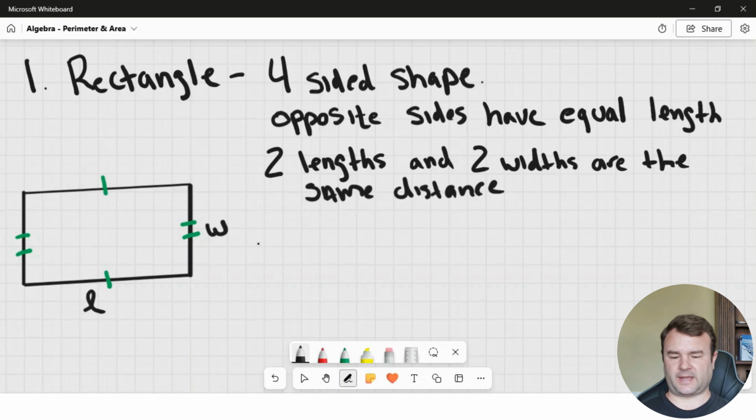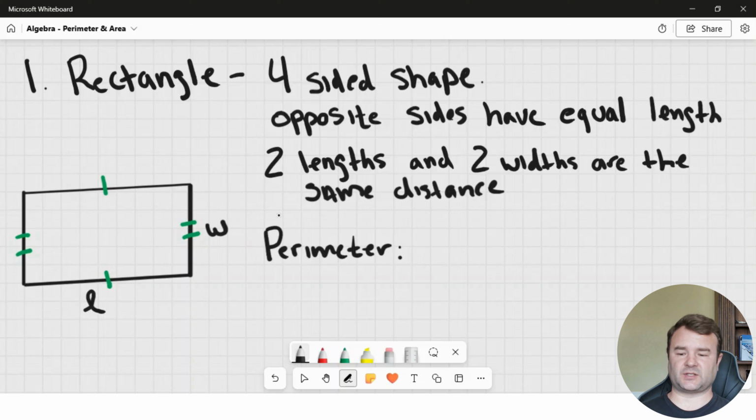So let's go ahead and find and define what the perimeter of a rectangle is. So perimeter. All right. So the perimeter of the rectangle is the linear distance around this shape. So you can think of it as the sum of all sides.